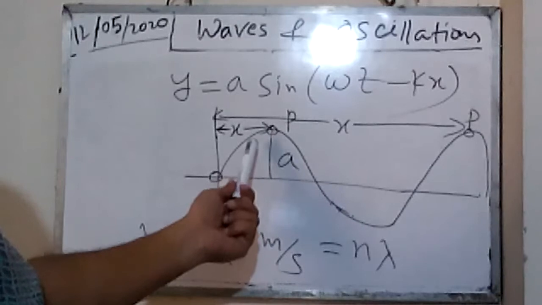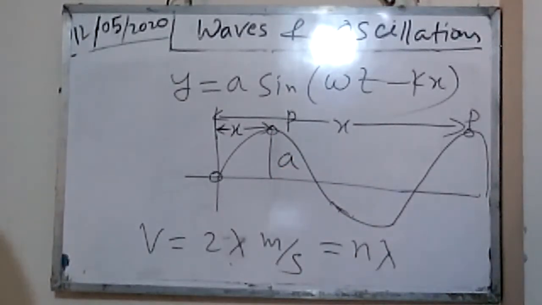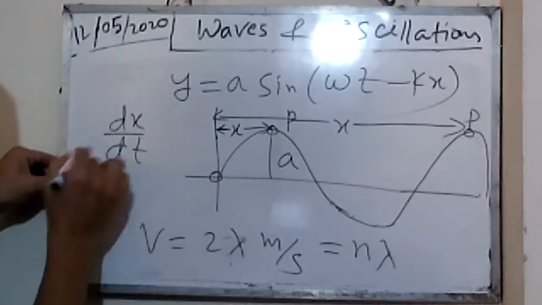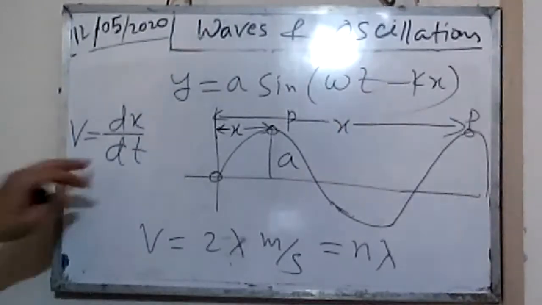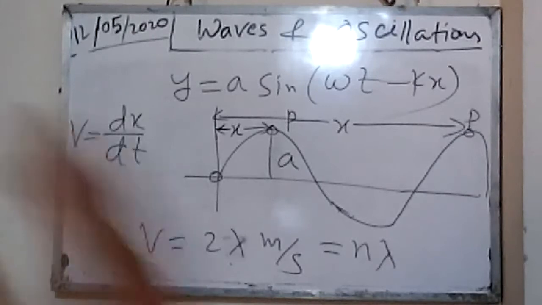Then the distance x is also increasing. That means the wave is moving. Therefore dx by dt, x is changing, x is increasing, therefore there is a velocity. dx by dt means the velocity.